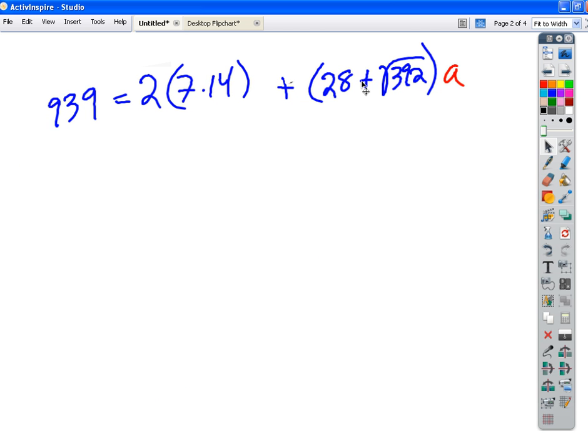So what would I do to get that A by itself? I want to solve for A. Talk me through. This is the part where we're done with the geometry now. We just want to do the algebra.